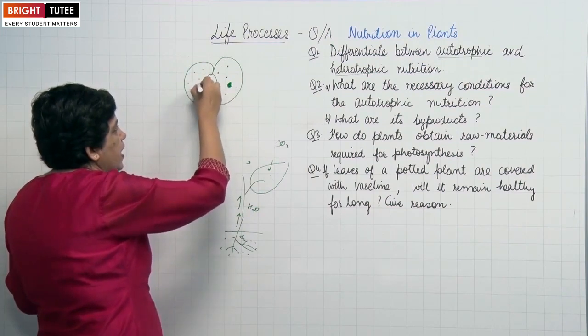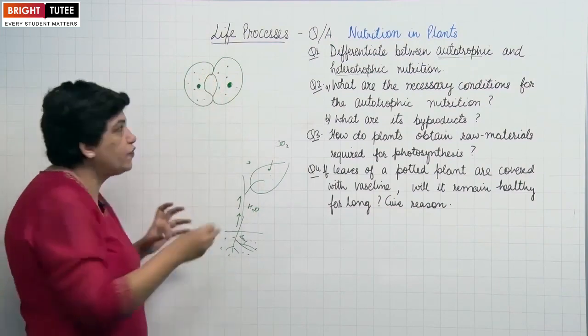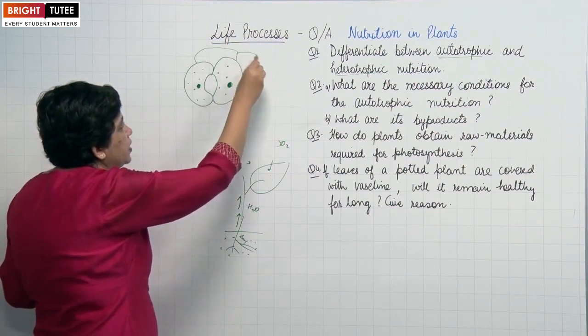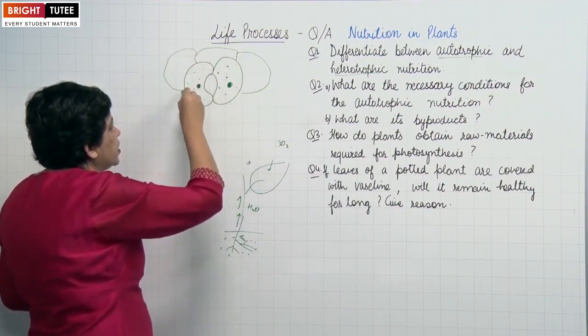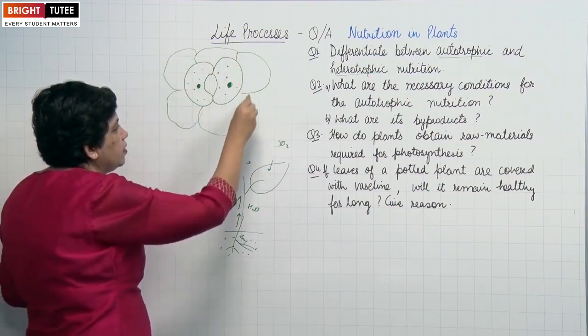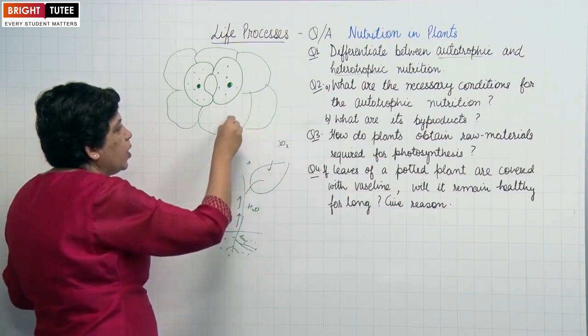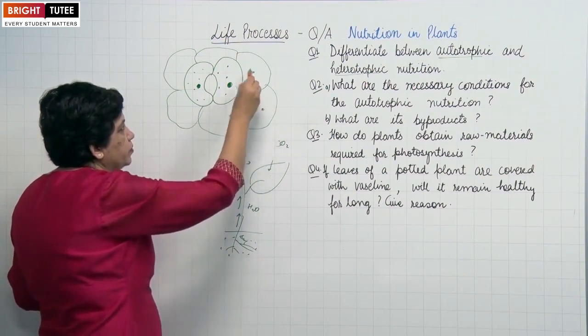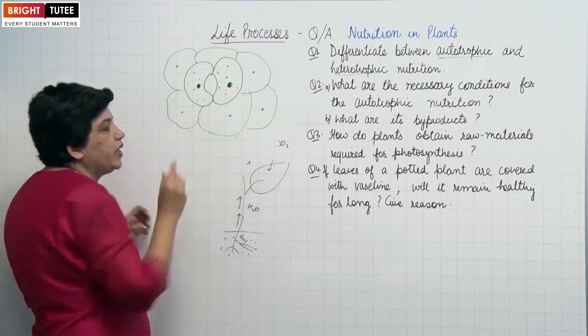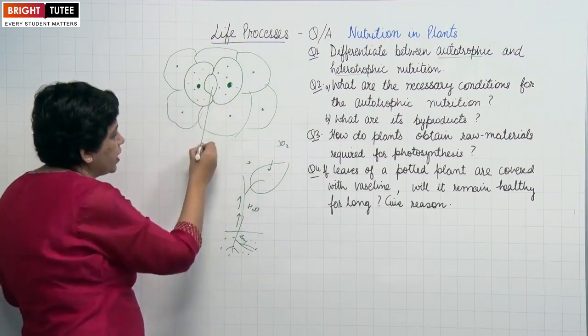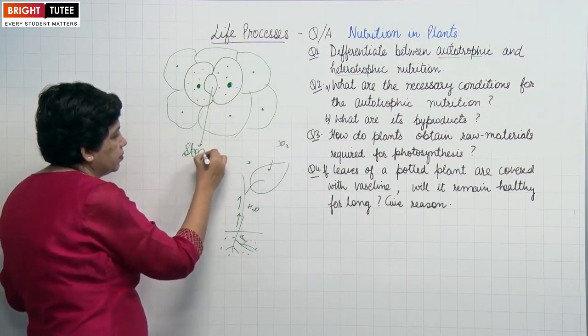So, chloroplast and nucleus. Apart from this, you can also draw other epidermal cells which do not contain chlorophyll, although they do have nucleus. Right? So these pores are called the stomata.